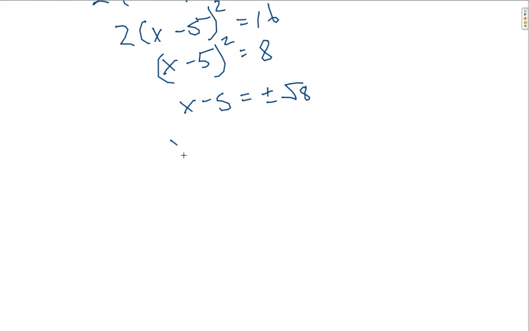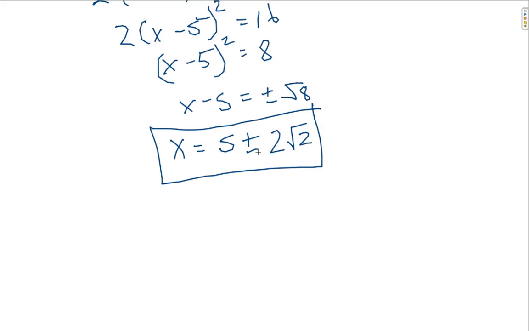And so I get x equals 5 plus or minus 2 root 2. These are my 2 solutions, the positive one and the negative one. That one works really nice as well.